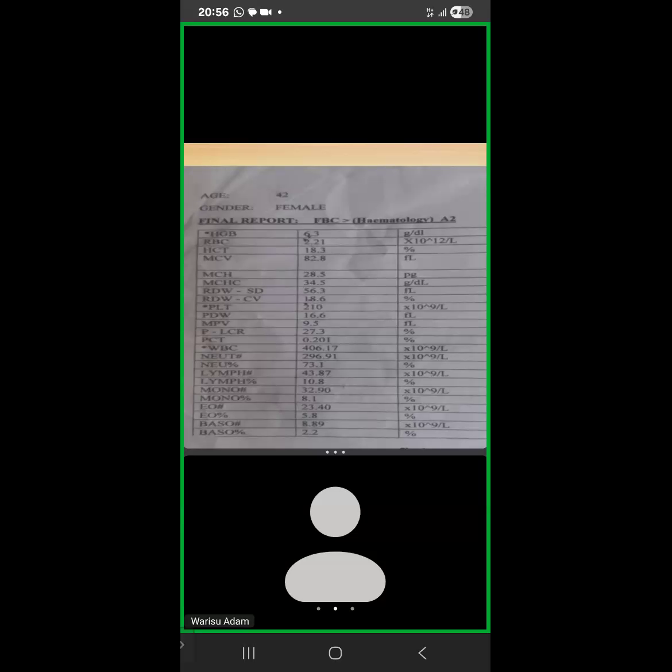White cell count is high, and both neutrophils and lymphocytes are high. So my presumptive diagnosis will be chronic myeloid leukemia. So first, I will request for a blood film comment to confirm the results on the film. Chronic myeloid leukemia is not a presumptive.